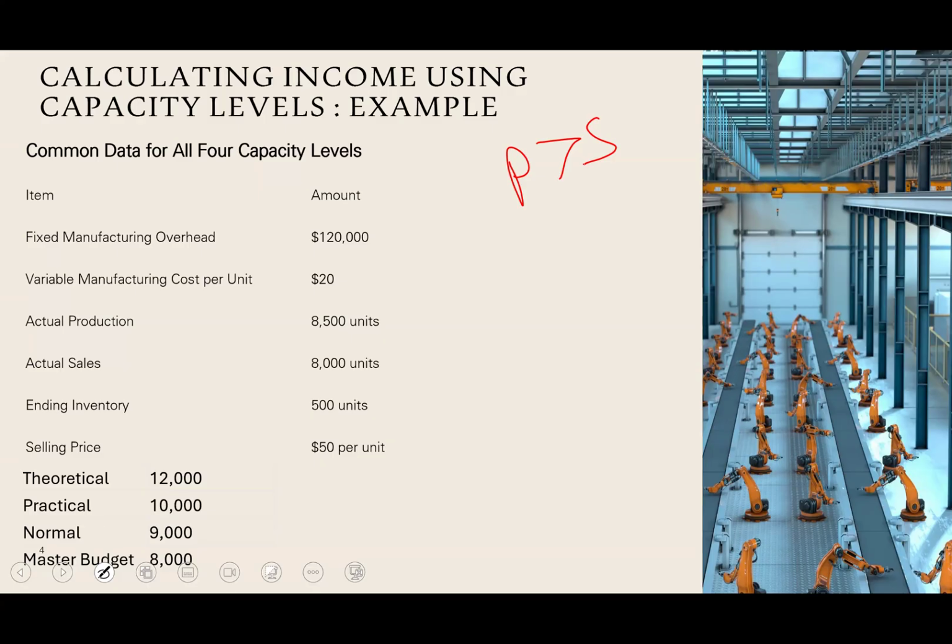Now you are given 4 different types of capacities. As you can see, they are on a sliding scale. Theoretical capacity is the maximum possible, practical is a little smaller, normal is smaller than that, and master budget is the amount that I'm likely to produce.